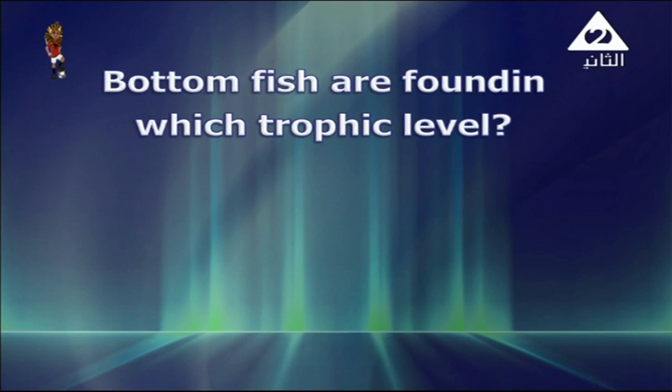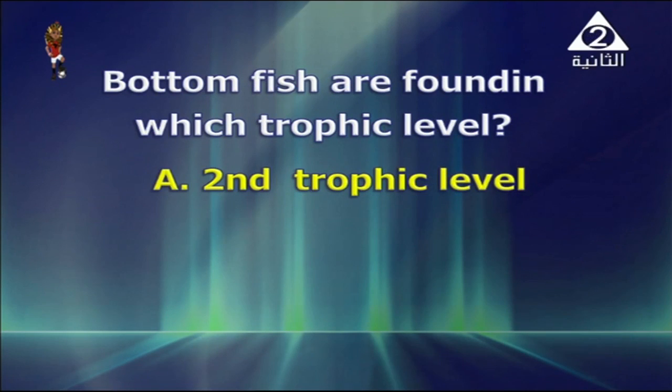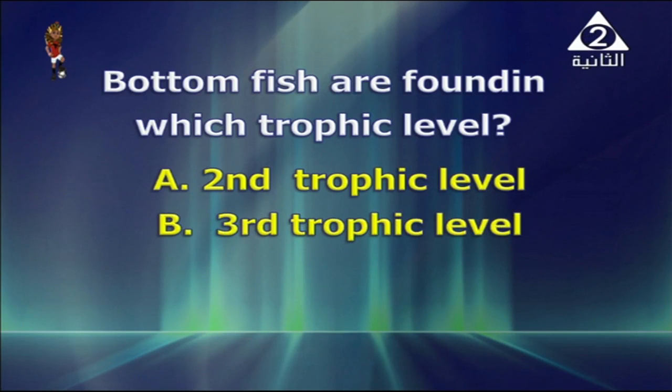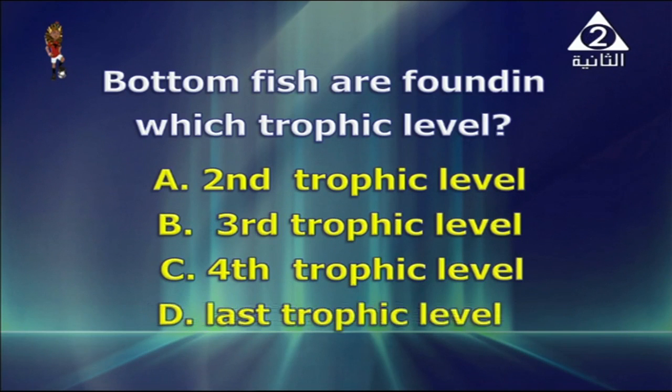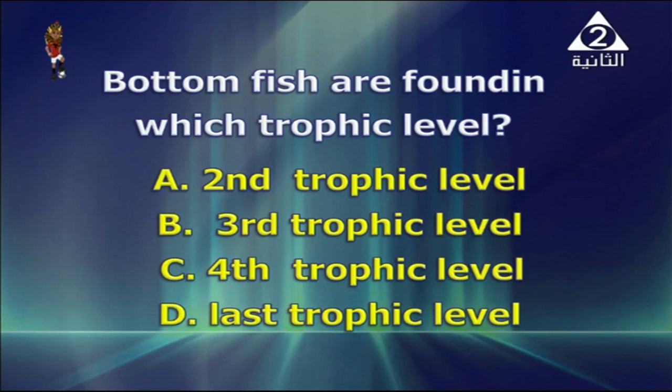Bottom fish are found in which trophic level? Is it the second trophic level, third trophic level, fourth trophic level, or last trophic level? Yes, this is the right answer. It is the last trophic level because they act as decomposers.